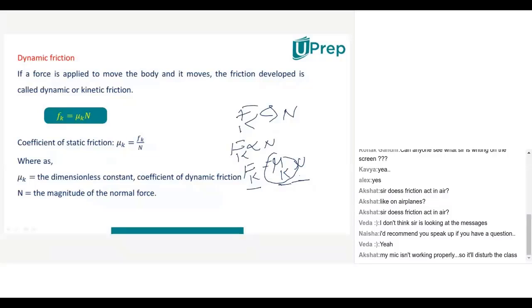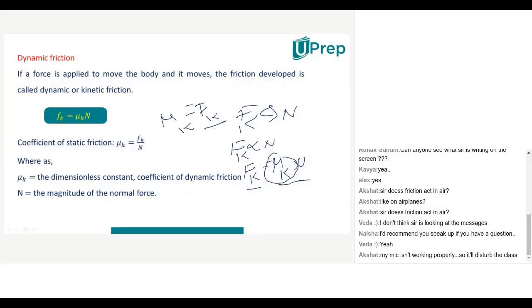So the kinetic frictional force is always proportional to normal reaction. That means Fk is proportional to N. And if you remove proportionality, you have to write one constant, and that is mu k. And that mu k is called coefficient of kinetic friction or dynamic friction. And this coefficient of kinetic friction mu k is equal to what equation you can write?